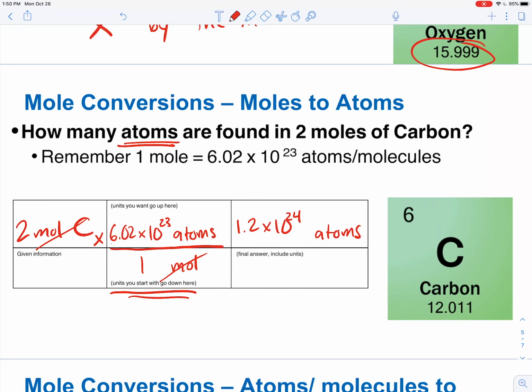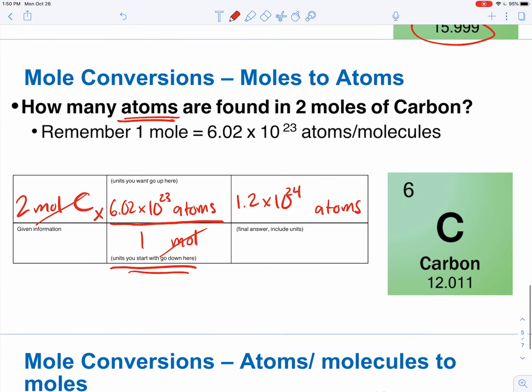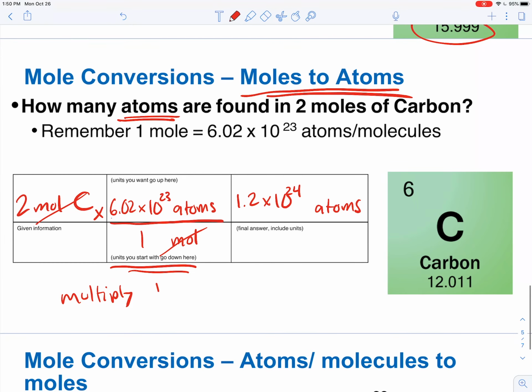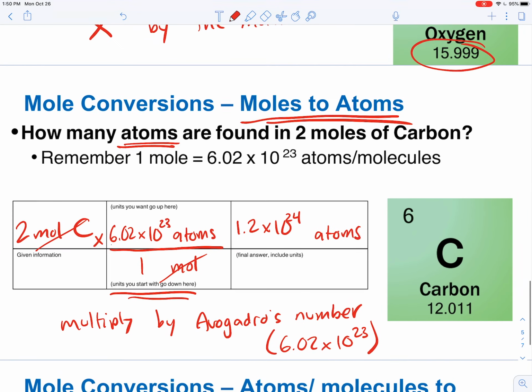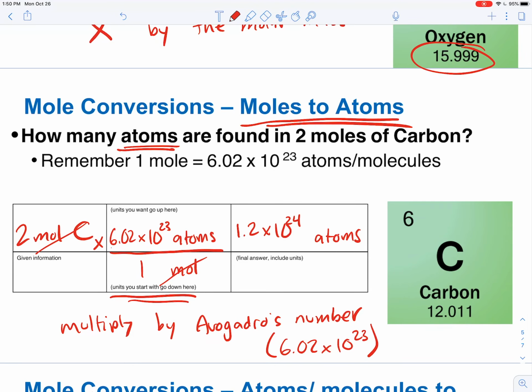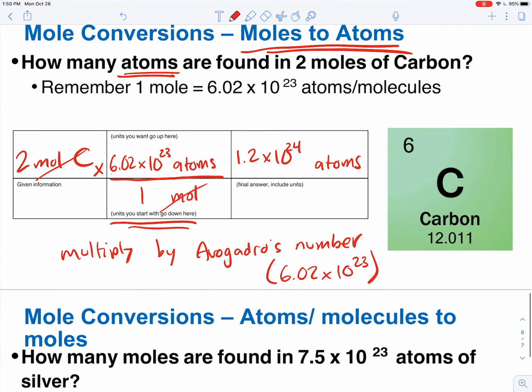Anytime you do moles to atoms, you multiply by Avogadro's number, and remember that's 6.02 times 10 to the 23rd.